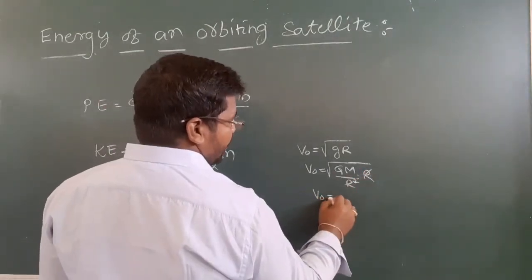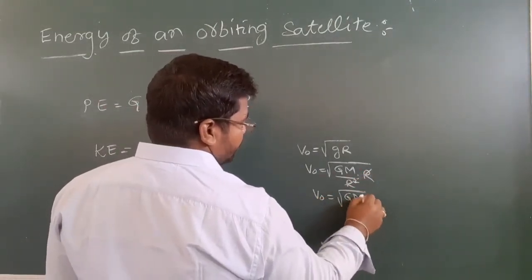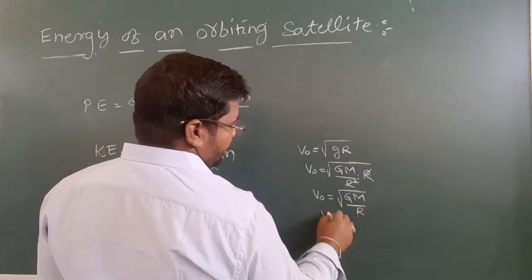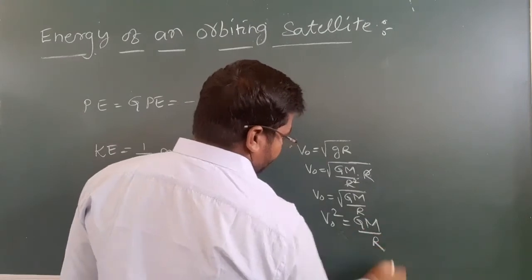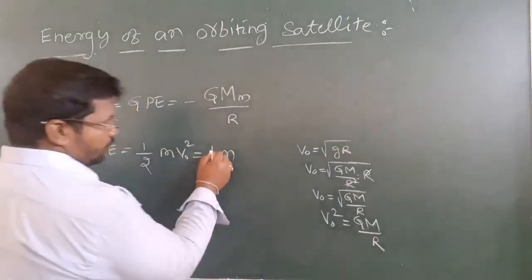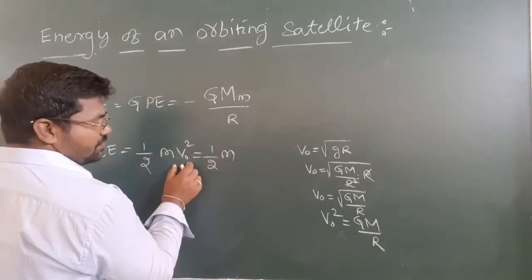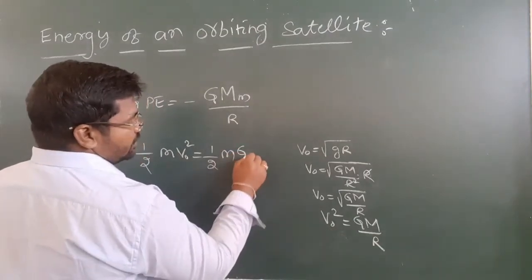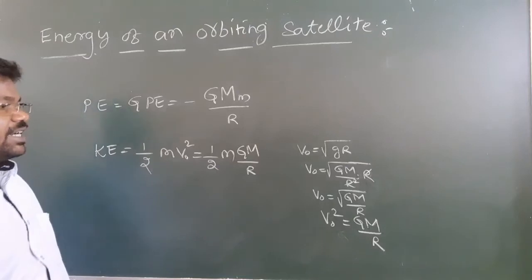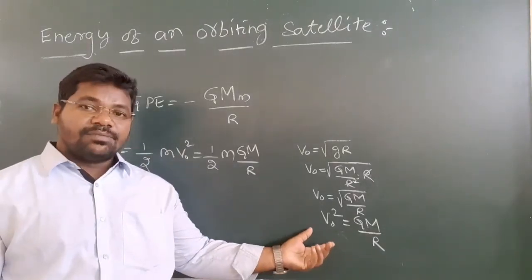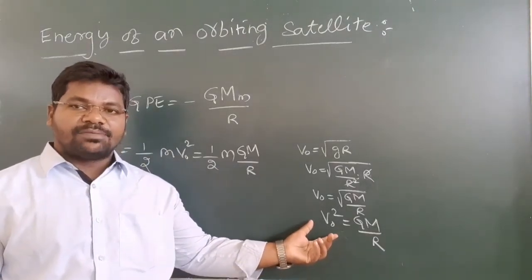We get v0 is equal to root of GM by R. Then v0 square is equal to GM by R. So 1 by 2 m, and v0 square is GM by R. Understand, my children? Please remember it.